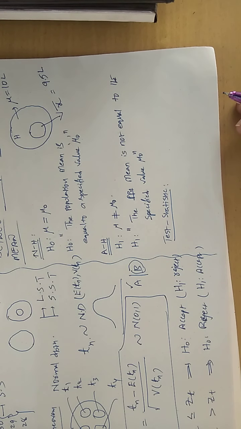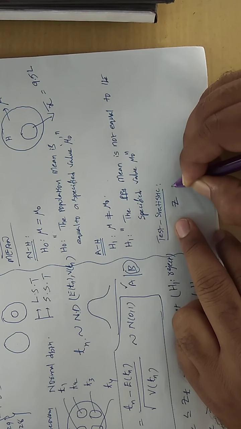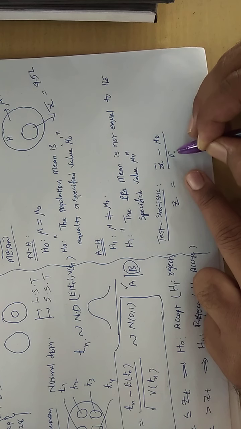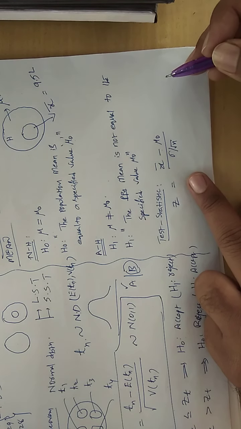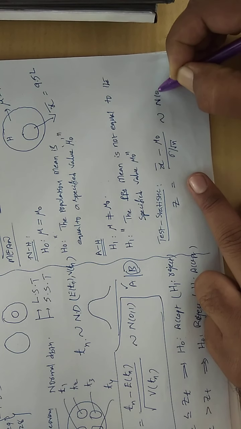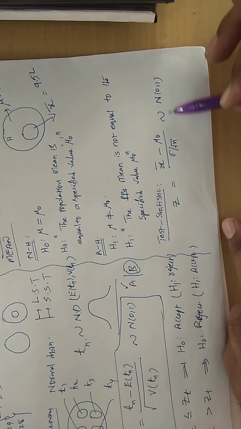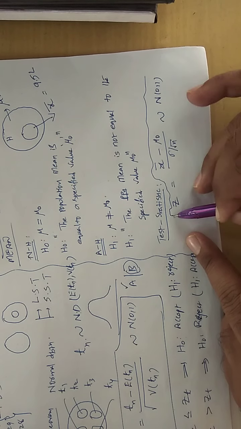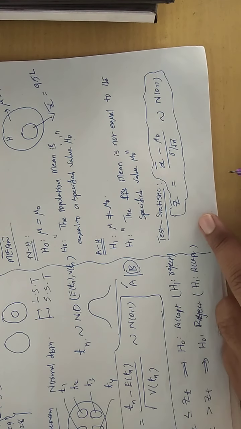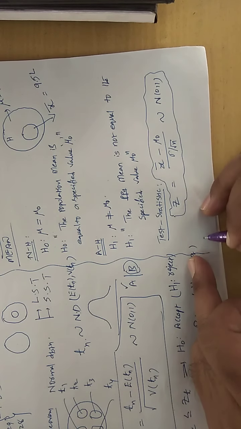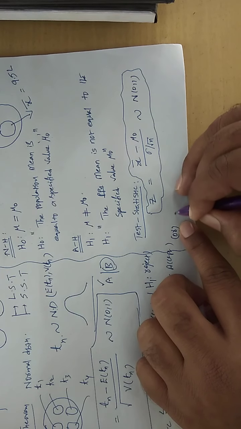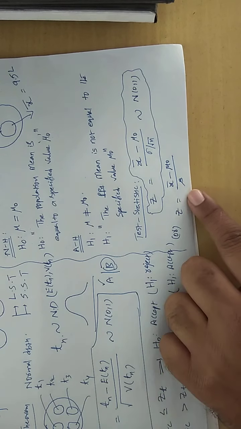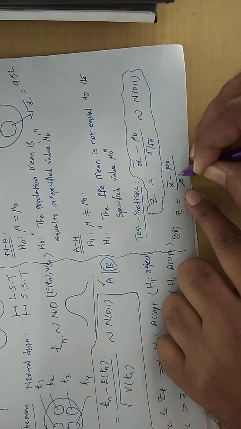So what is that? Z is equal to x bar minus mu naught by sigma by root n, which follows N(0,1). That means all this information follows the standard normal distribution. This is the first formula. You need to learn by heart x bar minus mu naught by sigma by root n. One more formula you can also write: Z is equal to x bar minus mu naught by small s by root n.